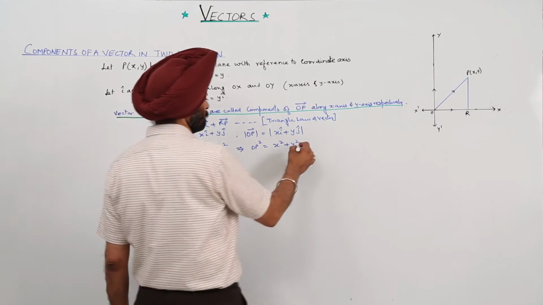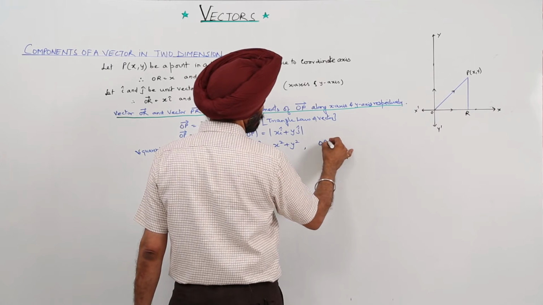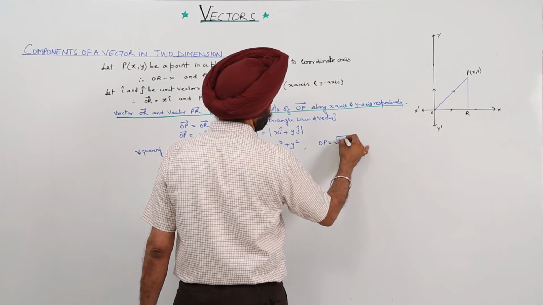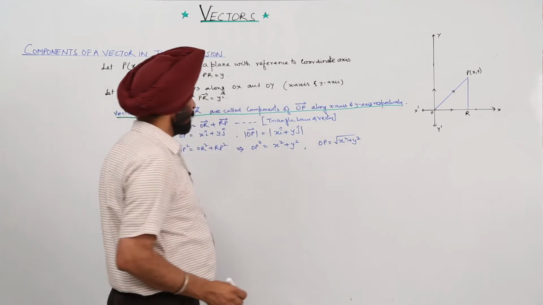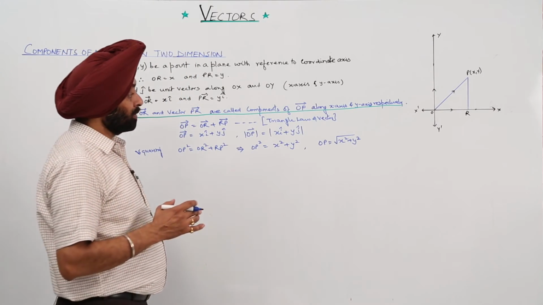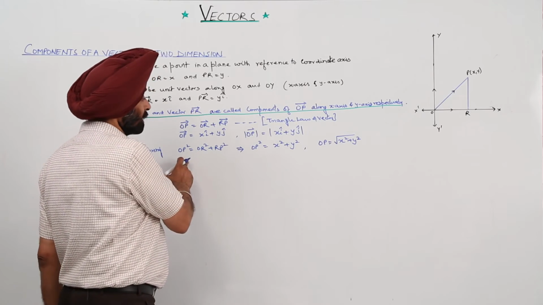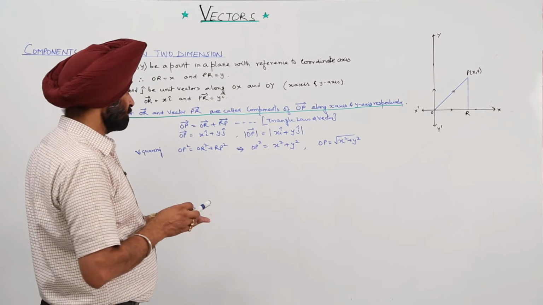Now again, OP is equal to square root of x square plus y square. And if we represent vector OP with vector r, then the magnitude of r is equal to square root of x square plus y square.